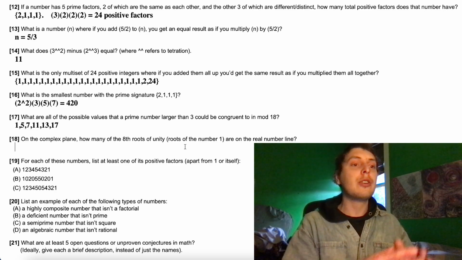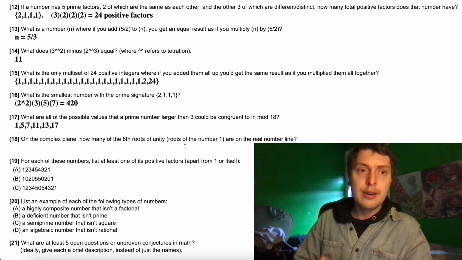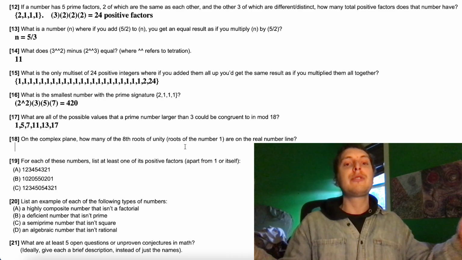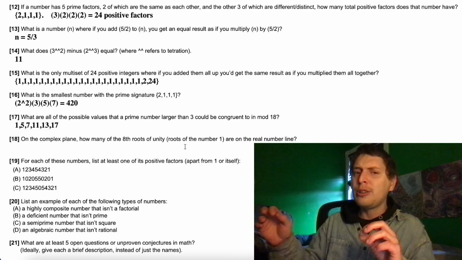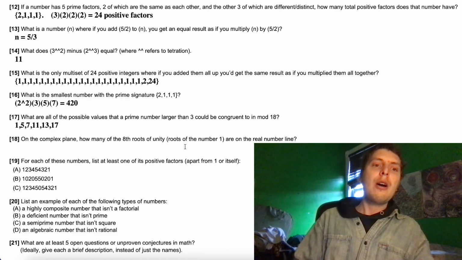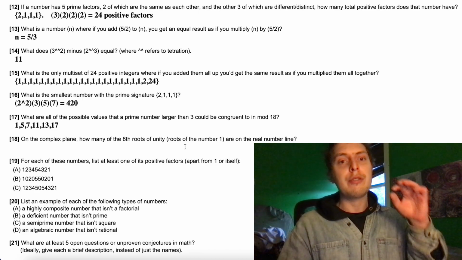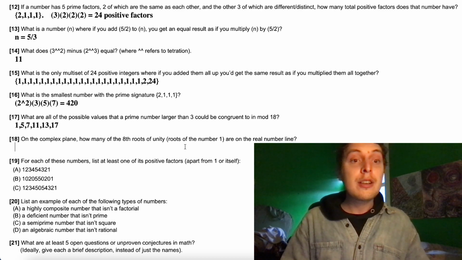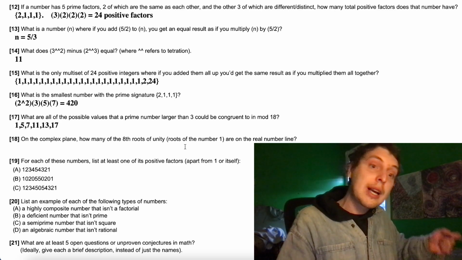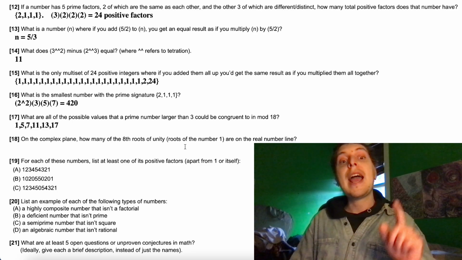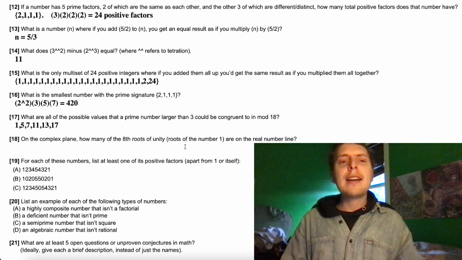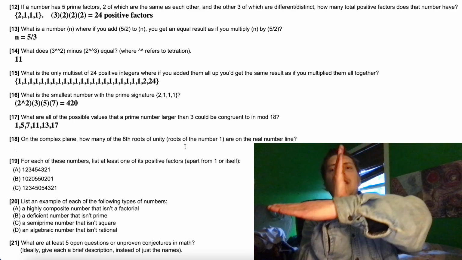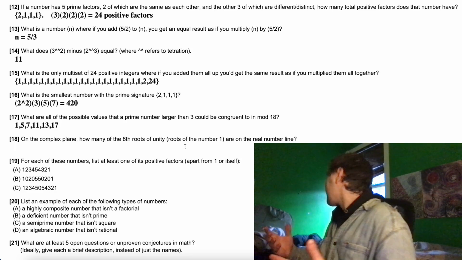Now, next we asked on the complex plane, how many of the 8th roots of unity are on the real number line? Now, the 8th roots of unity are the roots of the number 1, the 8th roots here. So it's asking what numbers can you raise to the 8th power and get 1? And essentially, the easiest visualization was on a clock I made.